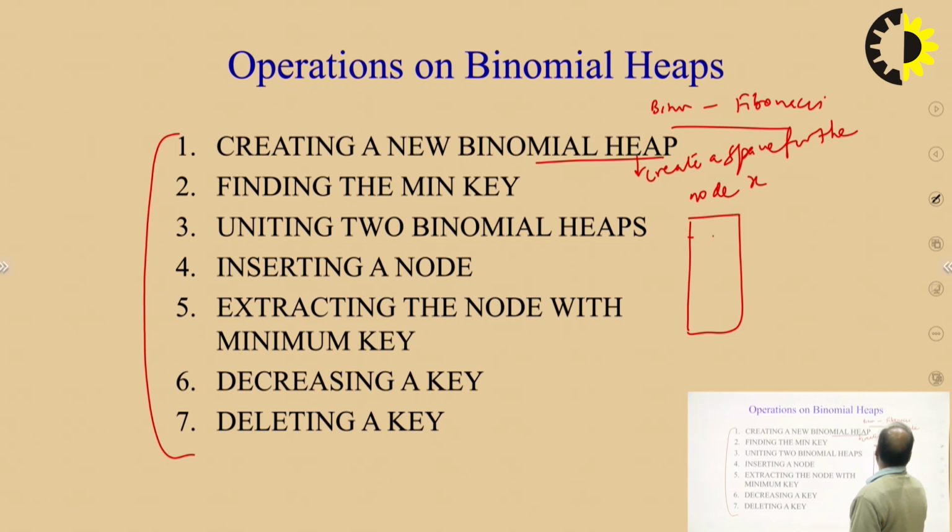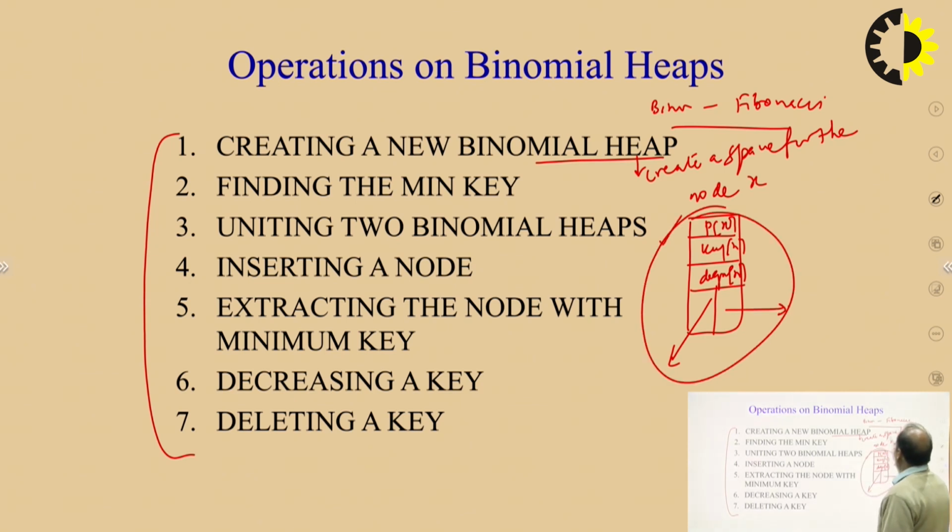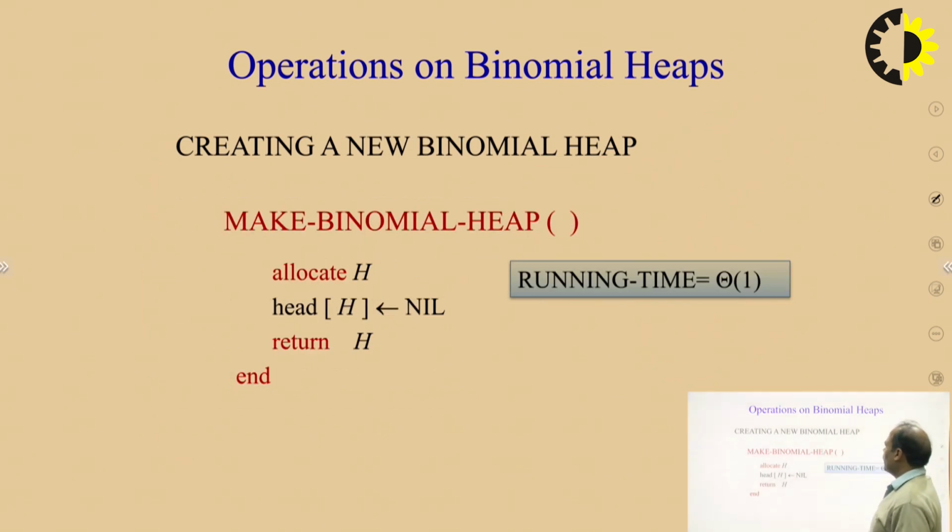The parent field, the key of X, and the degree of X are created, along with the pointer to the left child and the pointer to the sibling. So space is created for all the information. This is the number one operation.